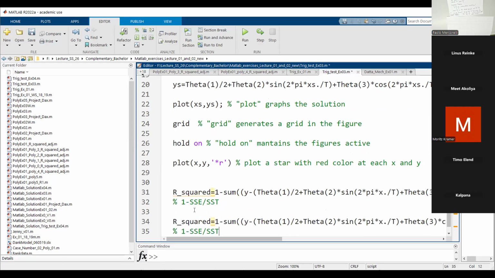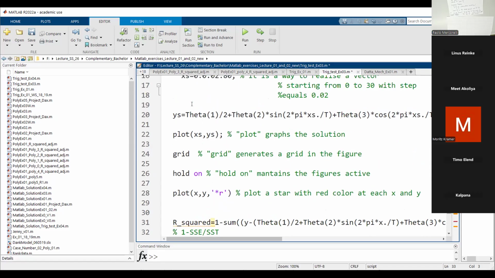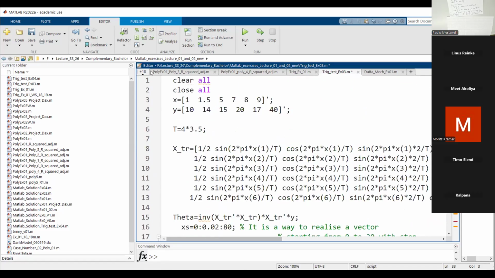Let me define here the number. M is how many values we have? 1, 2, 3, 4, 5, 6, right? Yeah.